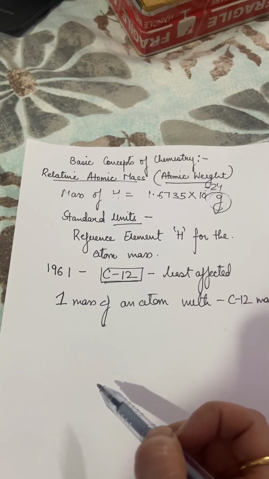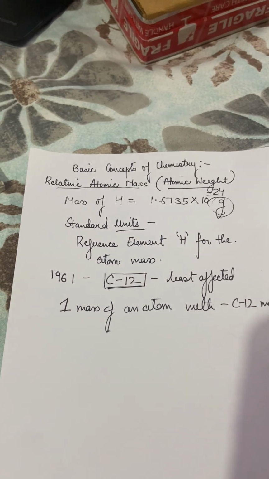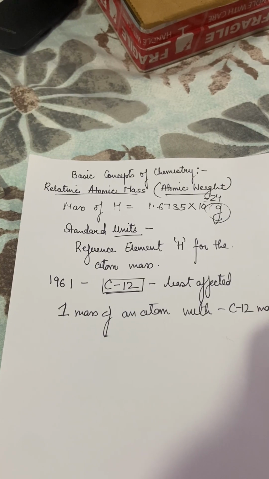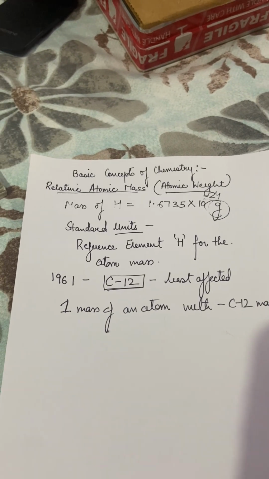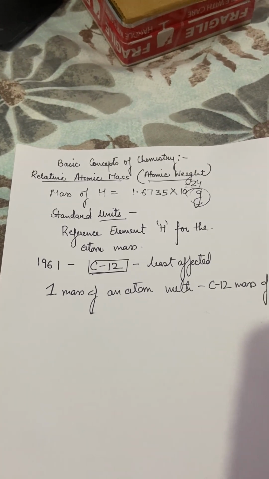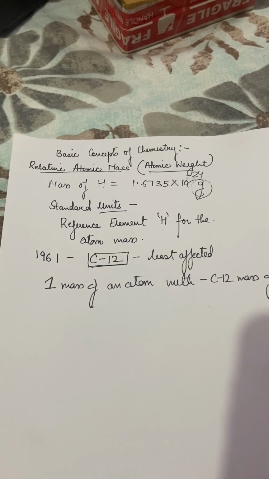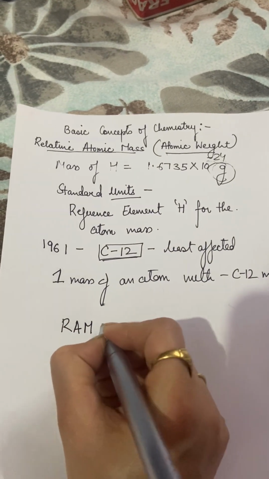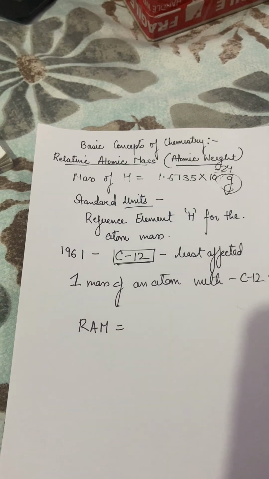So relative atomic mass is the number of times one atom of an element is heavier than the 1/12th mass of the carbon 12. So, relative atomic mass in chemistry is written as RAM.